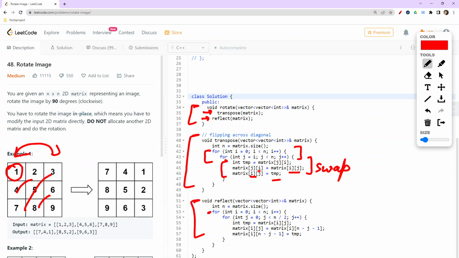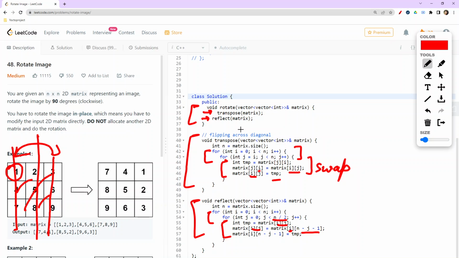Here we will be starting from 0, 0, but going till the middle only, because we require flipping as per the vertical middle axis. And then here again we will be swapping ij and then i and n minus j minus 1. That is this row and this row, right?